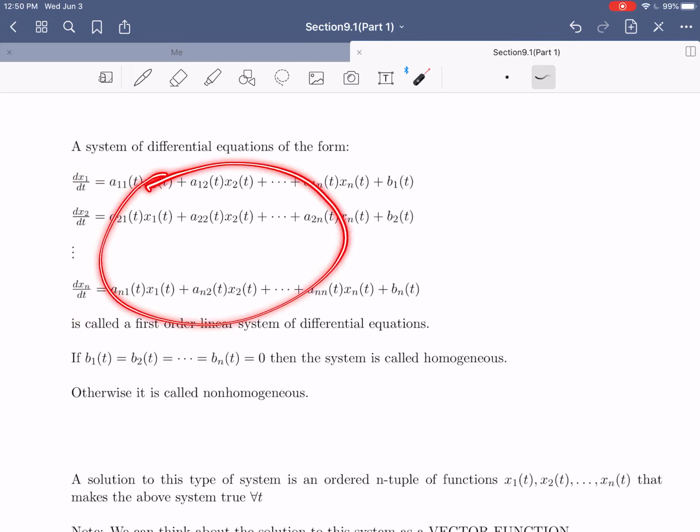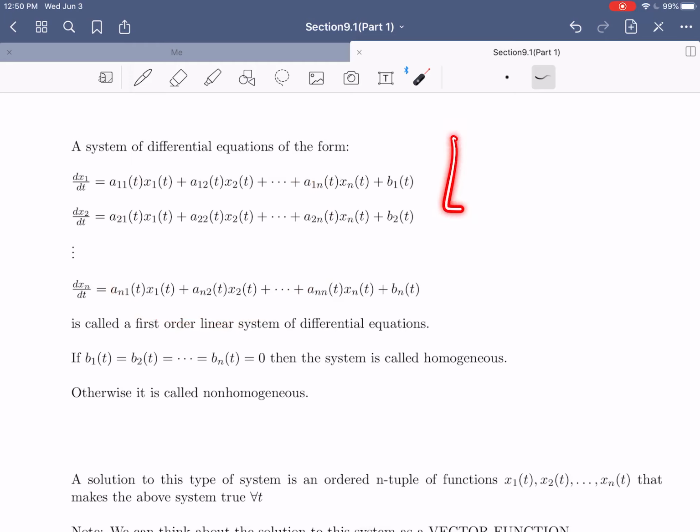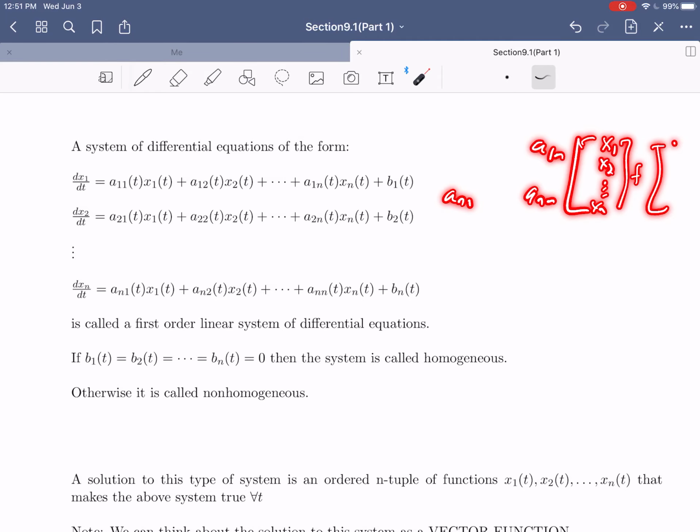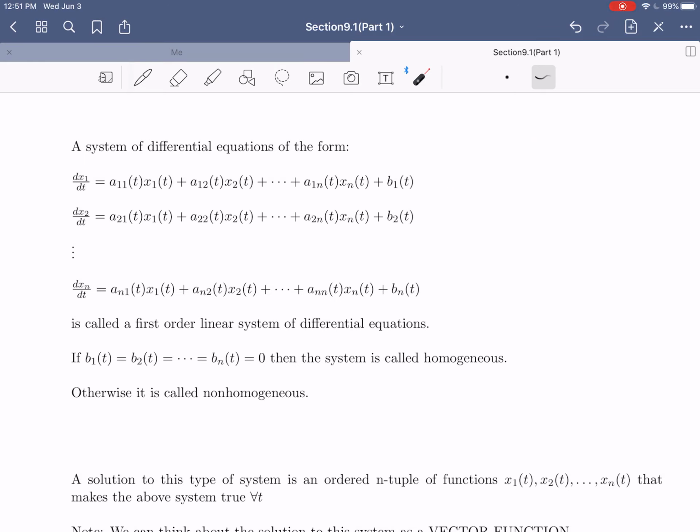We could think about this component as a matrix multiplication of a matrix of these a11 functions through a1n through an1, ann, times a vector function of x1, x2 through xn, plus that vector b1 down to bn. That's what we're going to be doing in section 9.2, understanding how to rethink about this in terms of a vector formulation. But I just wanted you guys to realize that is where we are headed here.